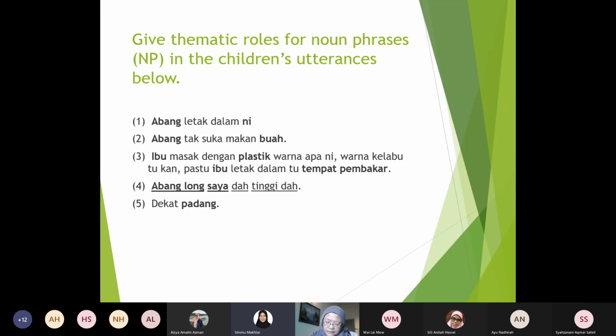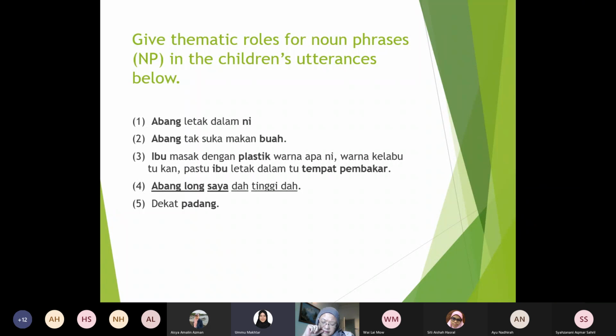Oh, okay. So is that two separate? What do you mean again? What I mean is that Abang Long is the object of the topic that we are talking about, or the receiver of the comment, because we are talking about the abang, and I am talking about my abang.